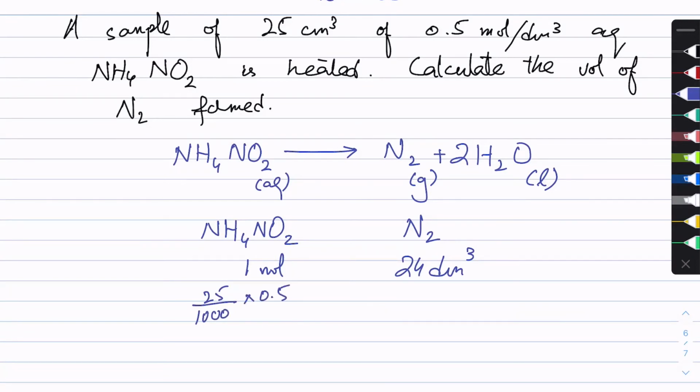That is concentration times volume. That's going to give me x of this. So I'm just going to cross multiply it. X is going to be 24 times 25 over 1000. Put it all in a calculator. So 0.3 dm cube. And there you go. That's my question. Pretty straightforward.